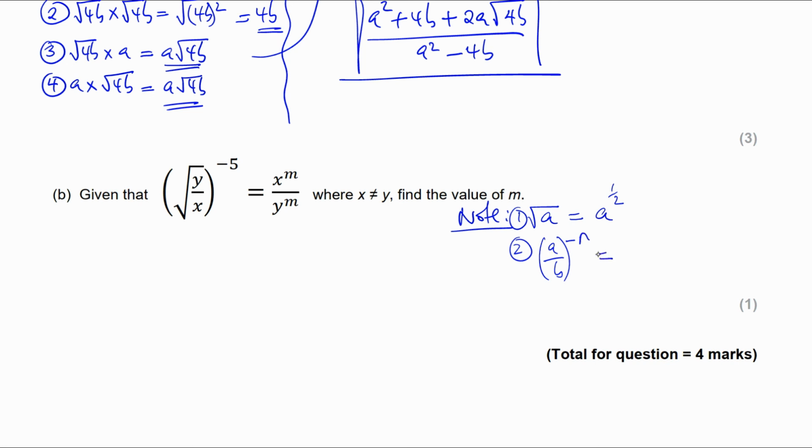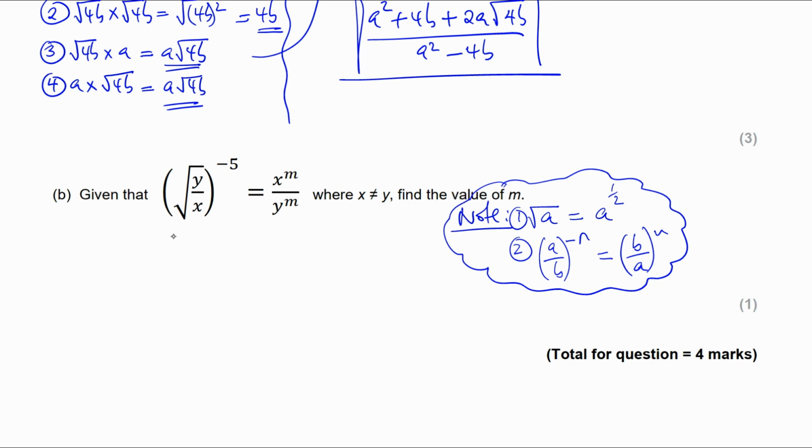You can get rid of that negative by switching these two numbers. So this is the same as b over a to the power n. So these are true statements, and this is what you're going to use to rewrite this expression.